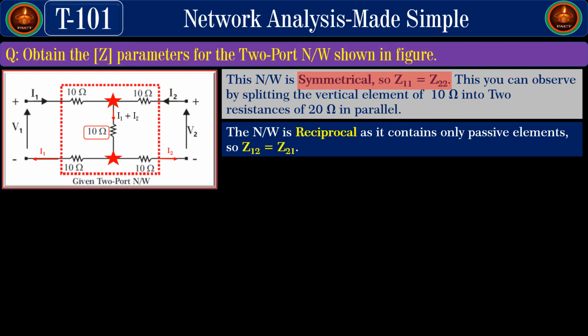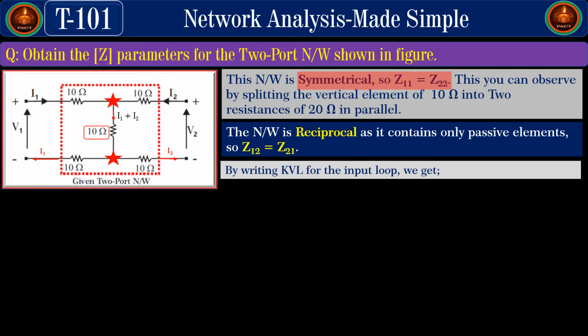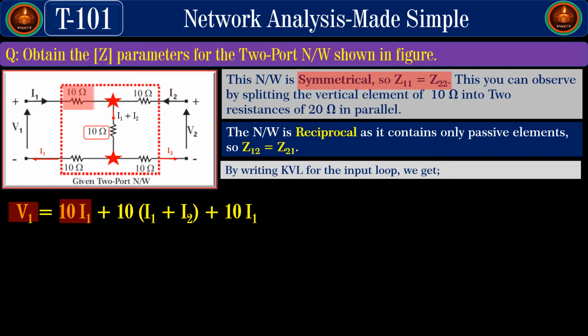That is very simple. Now, we know all the branch currents. So, by writing the Kirchhoff's voltage equation for the input loop, we get Φ1 is equal to 10 I1 plus 10 into bracket I1 plus I2 plus 10 I1.